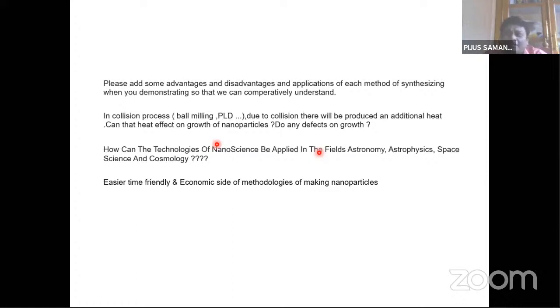Suppose we collect a sample from, say, Mars, and we analyze the sample through different characterization techniques. What are the sample types? What are the compositions? I will discuss that in the next lecture. That is very useful in studying the types of materials on those planets, and it will also help us in studying the origin of those planets, etc.